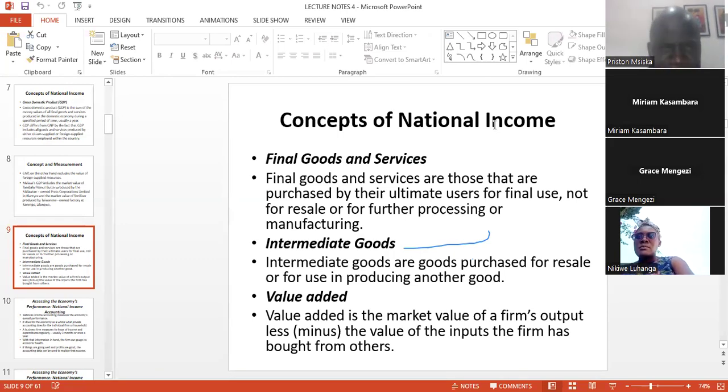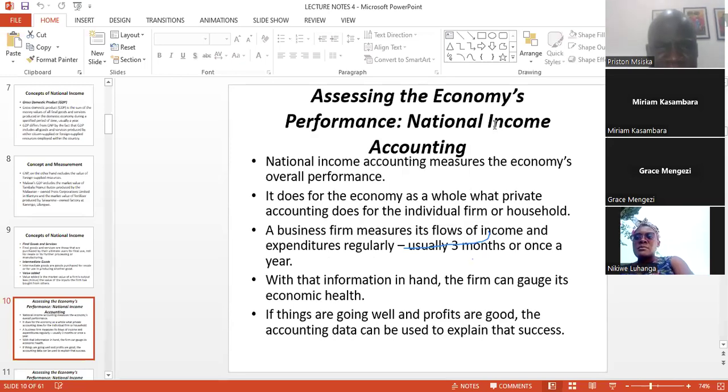Now, what are the uses of national income or GDP accounting? Basically, these are accounting issues. We are adding up all the production in the country. So basically, we are accountants, okay? But economists do the national income accounting, not accountants. So basically, we are adding up a number of these things to get GDP.